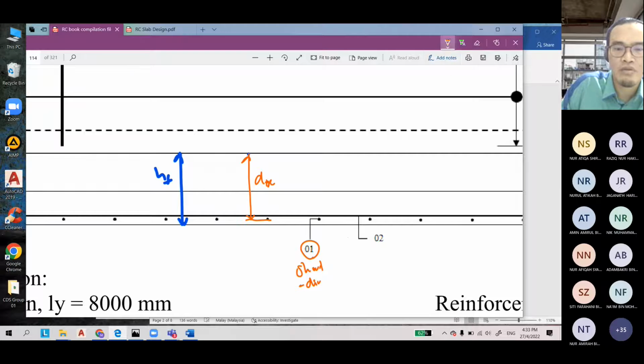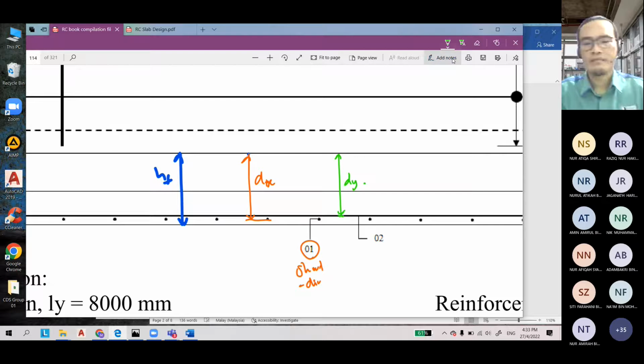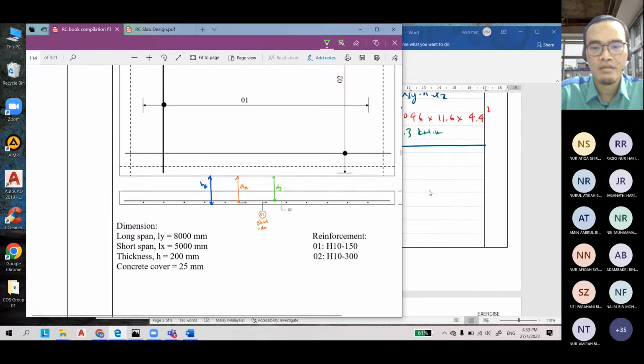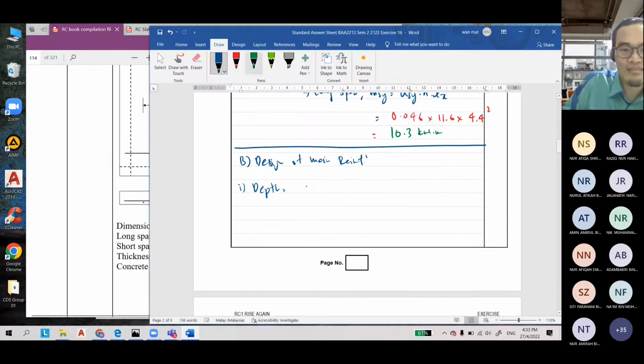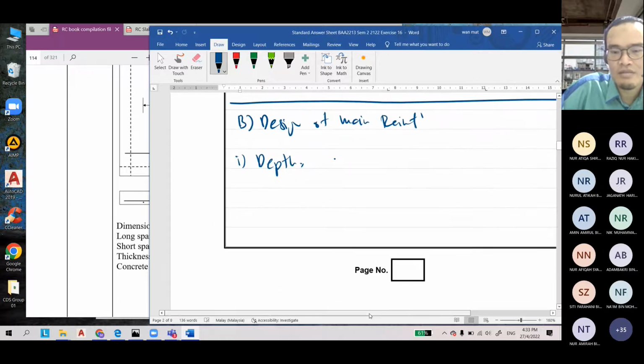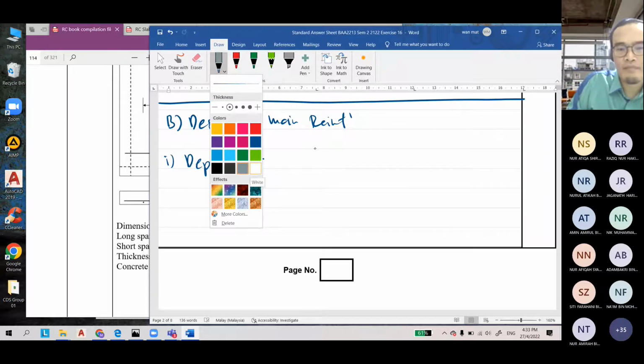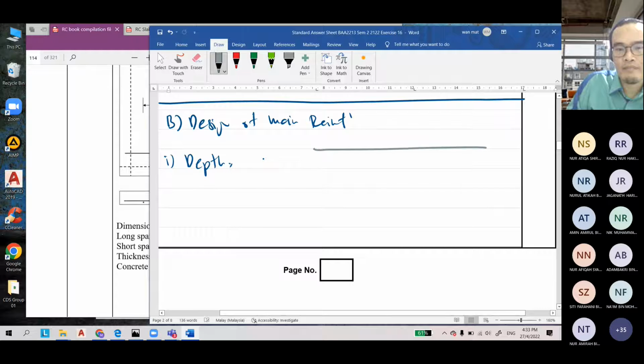And then the Dy is here, up to the center of this bar. This is Dy. So be careful about this one, Dy and Dx. I hope I can enlarge this so you can see clearly. Let's say this is your slab, the cross section.